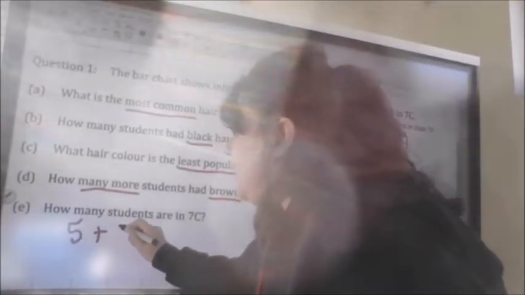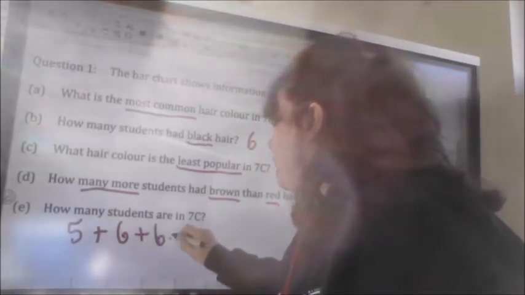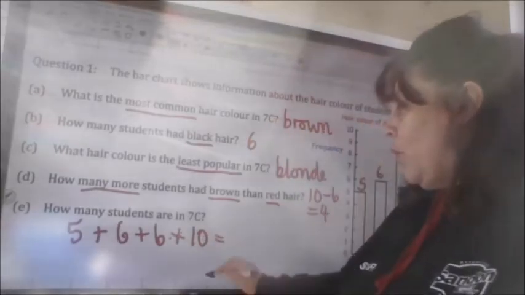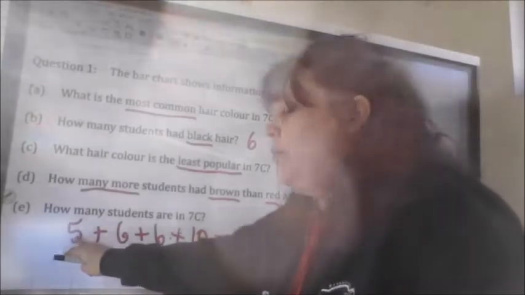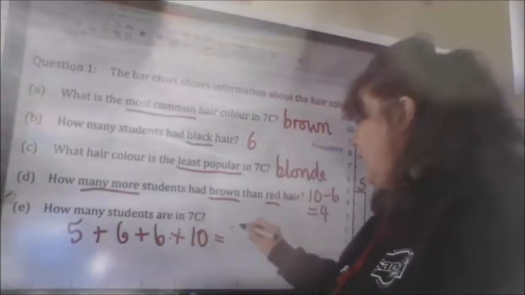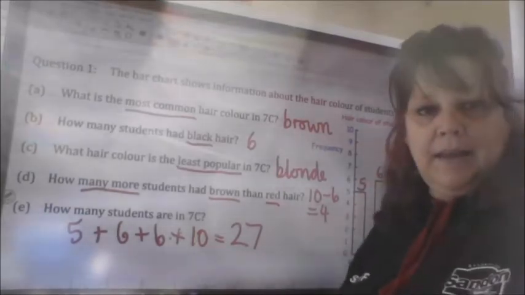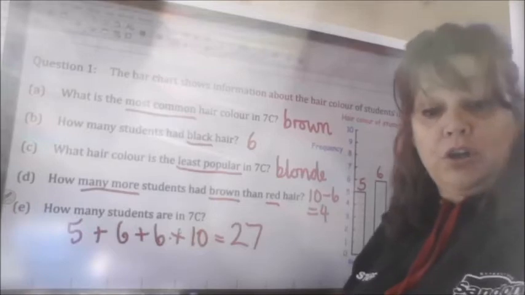So I've got 5, add 6, add 6, add 10. Okay, well, 6 and 6 is 12, add 10, 22, plus 5, 27. So I know there are 27 children in 7C. Nice and easy, isn't it, if you know what you're doing?